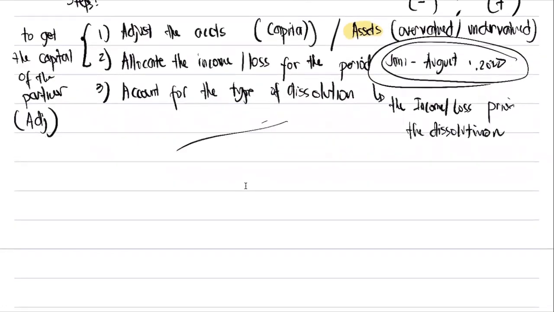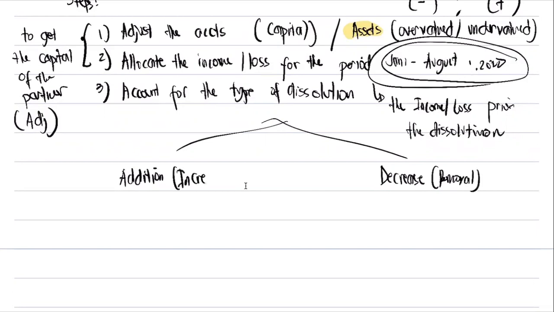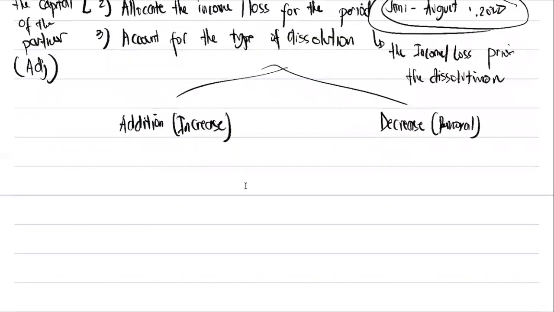So what are the types of dissolution again? We have two. It's either an addition or a decrease or removal. So it's either an increase in partners or a decrease in your partners. So what are the types of dissolution under increase?